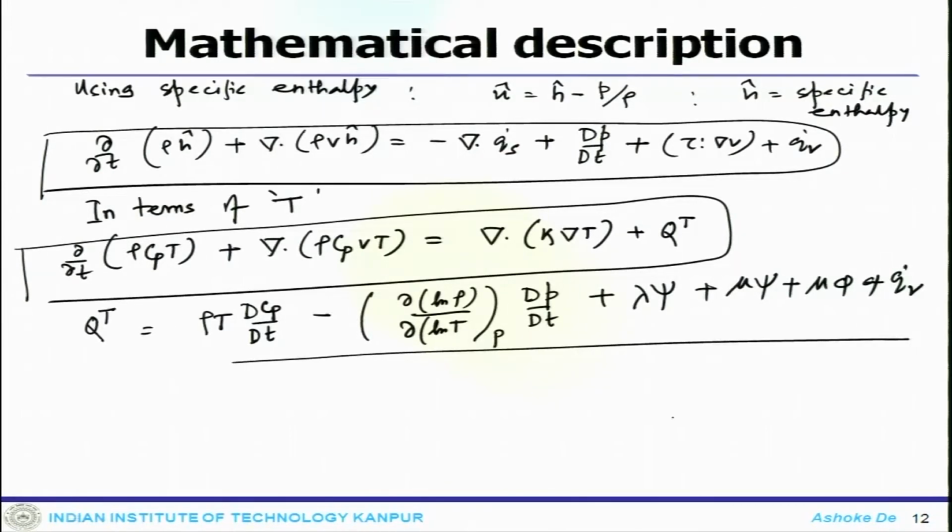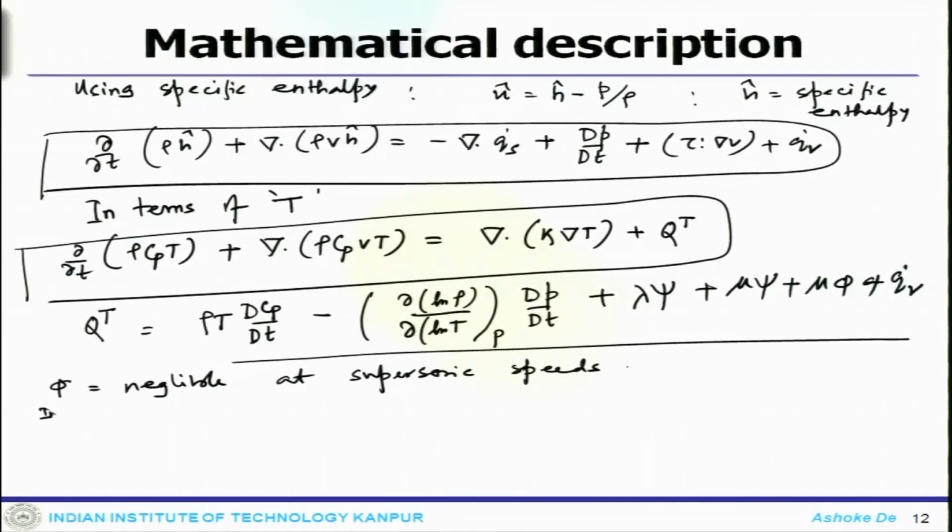Now, one can use some simplifications. The phi has a very negligible value: it is negligible for large velocity gradients, and negligible at supersonic speeds.